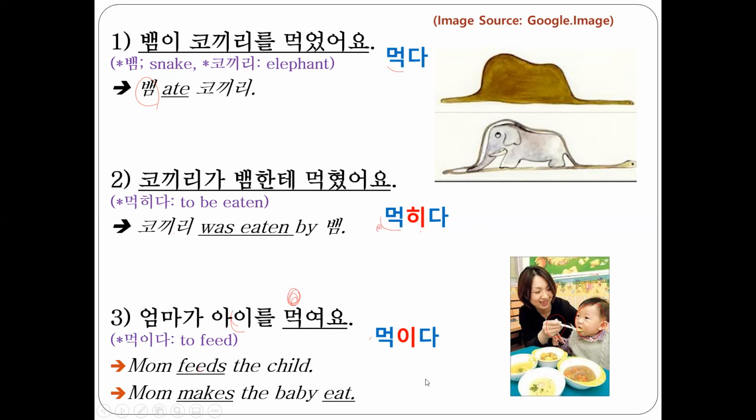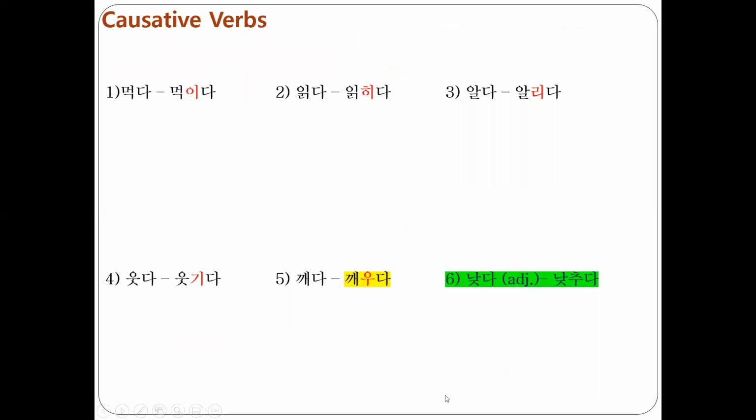So if I tell you one more time, causative verbs are verbs whose action makes the object do some action. The object can be a person or a baby, or an animal or other items. In the case of an item, it comes to a certain state입니다. 자, like passive verbs, causative verbs also have some suffixes.